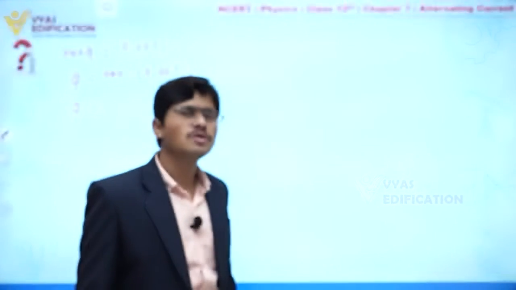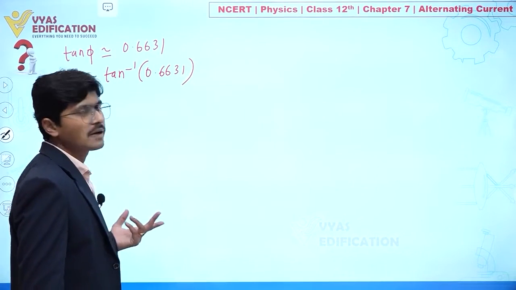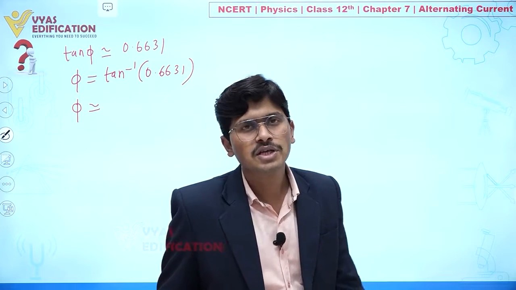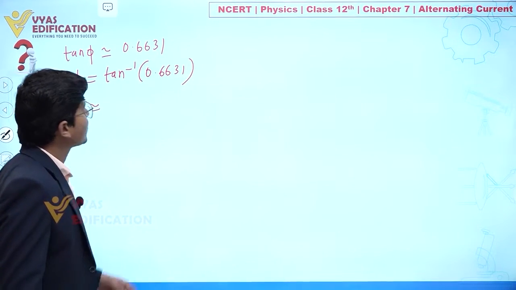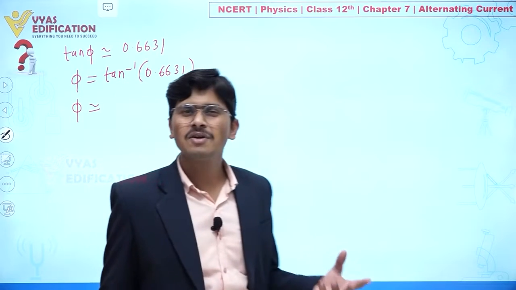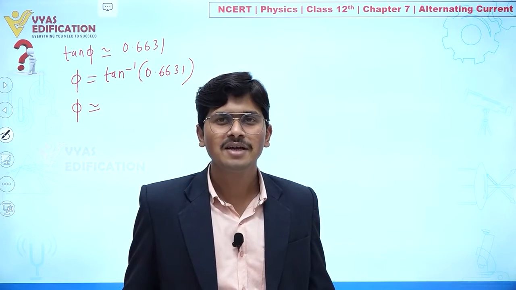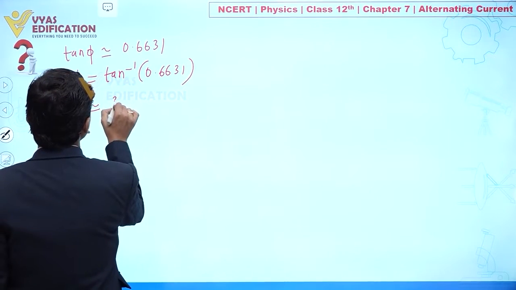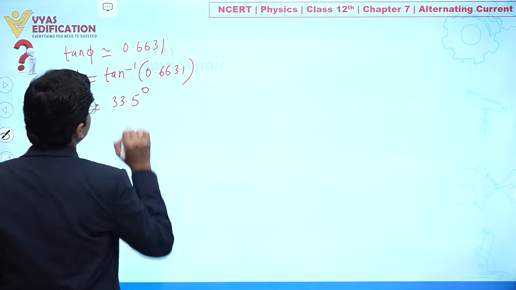Now you know, tan inverse 1 is 45, and tan inverse 1 by root 3, that is 1 upon 1.73, so near about 0.5, is 30. So definitely it will be more than 30 degree and less than 45. Clear? It means this value you will get is near about 33.5 degree.